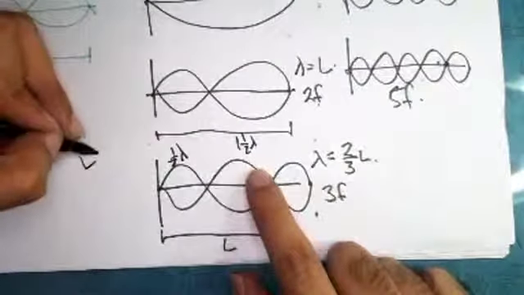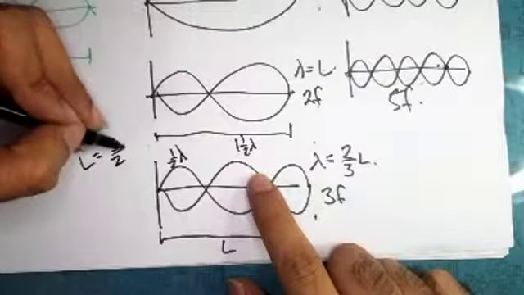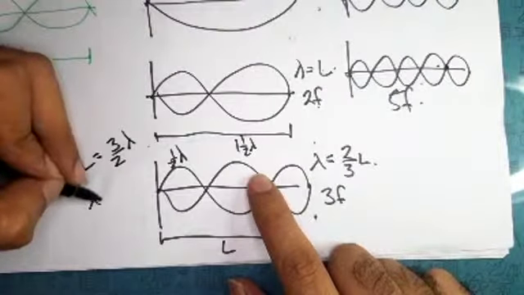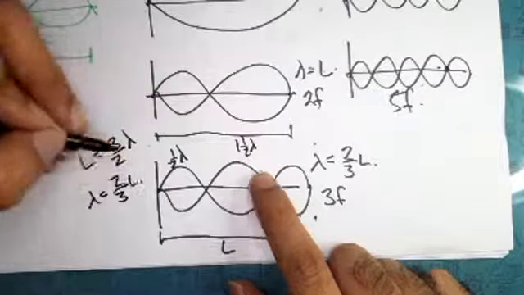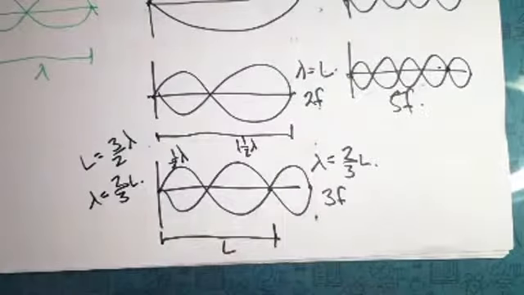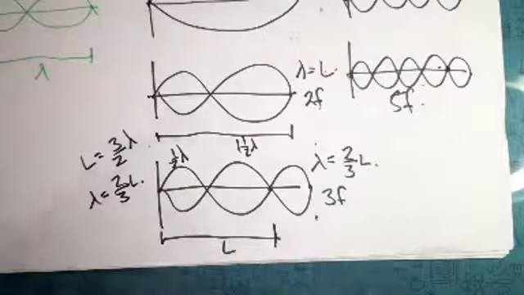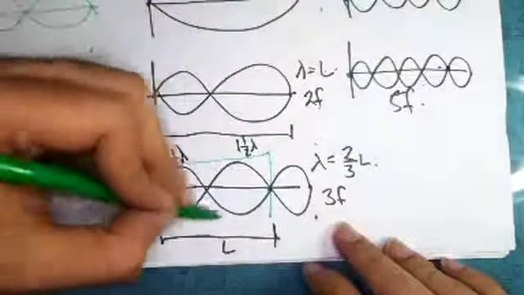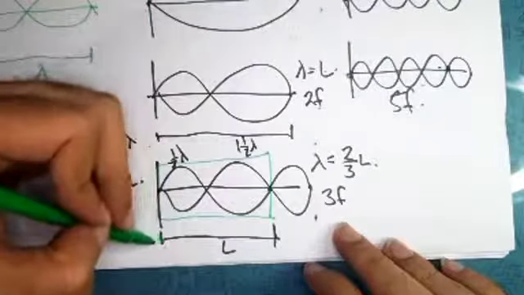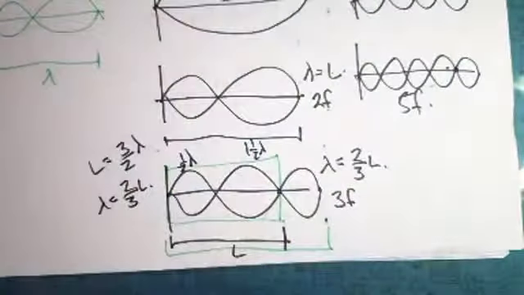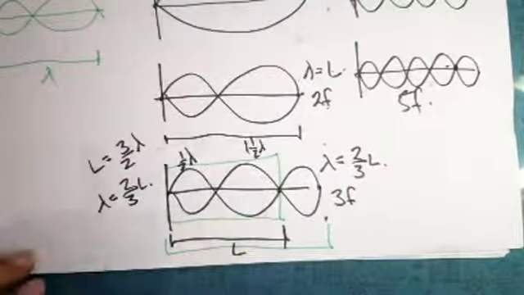So basically L is equal to 3 by 2 lambda. So lambda is equal to 2 by 3 L. And it's also visually pretty obvious in the sense that this is 2/3 of the entire wave. Right? That's that.